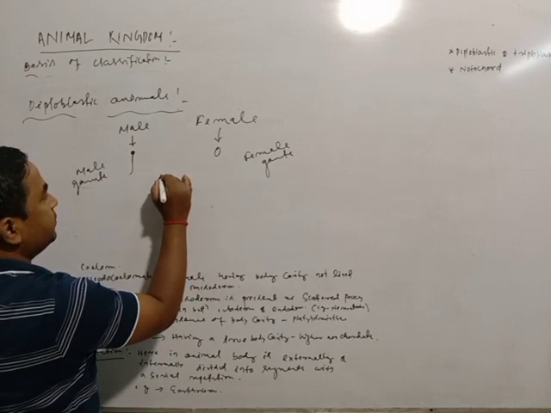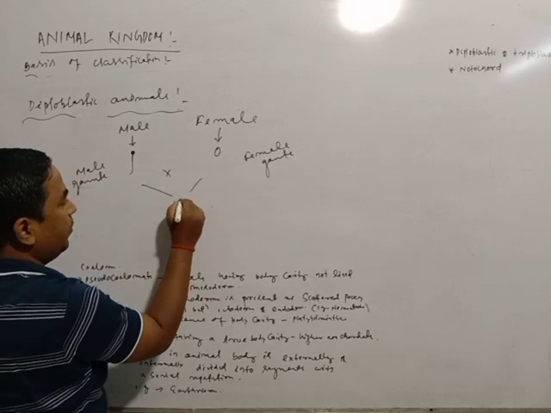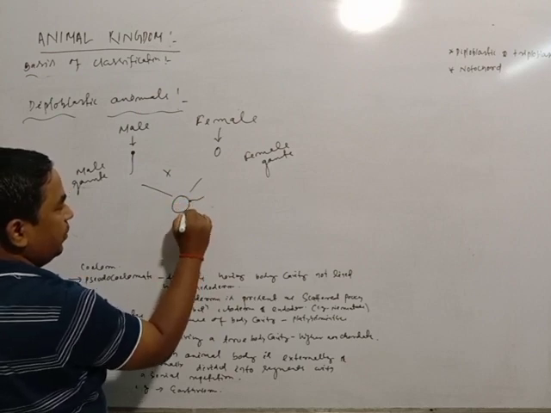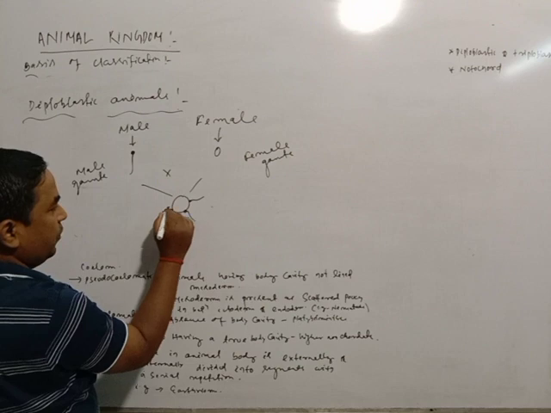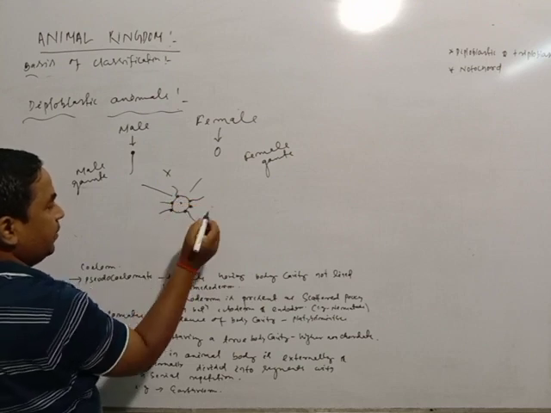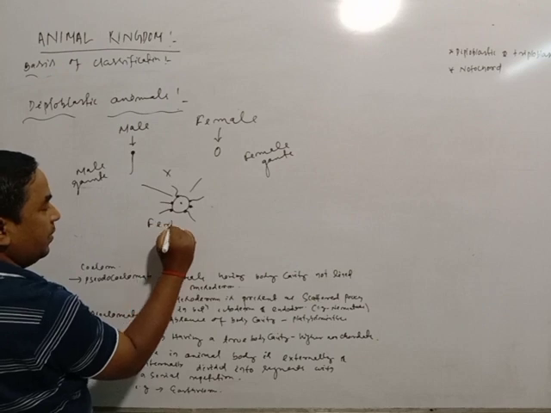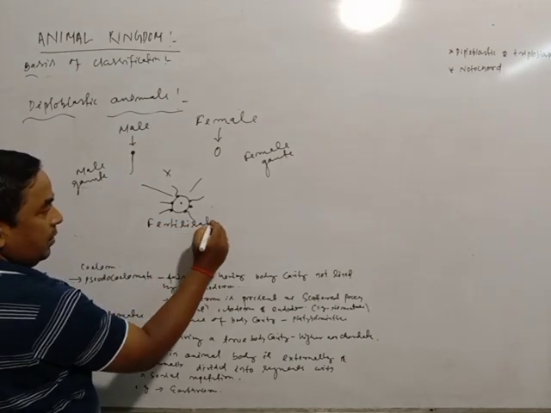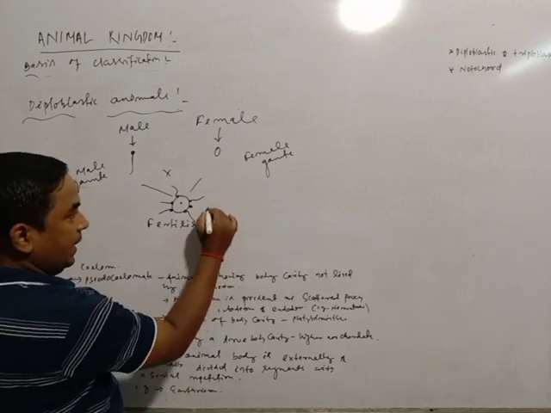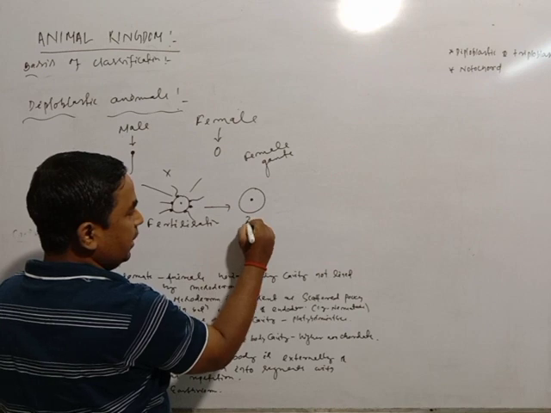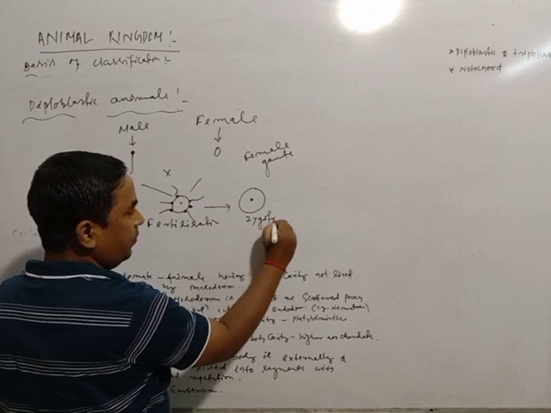They are fertilized to form a diploid zygote. This is fertilization or amphimixis of gametes. As a result, a diploid zygote will be formed.